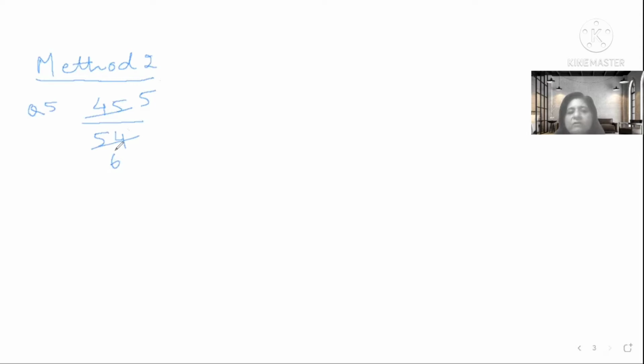What do we get? 9 into 6 is 54. So here we get 6. Now further, the factors cannot be cancelled, as the common factor between 5 and 6 is 1. So here we get the simplest form, 5 by 6.